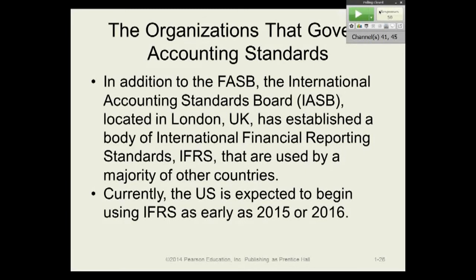There's a lot more judgment used in international standards. The U.S. standards are more strict in terms of numerical thresholds and rules. There are more rules here and more concepts, so there's a lot more judgment under IFRS.